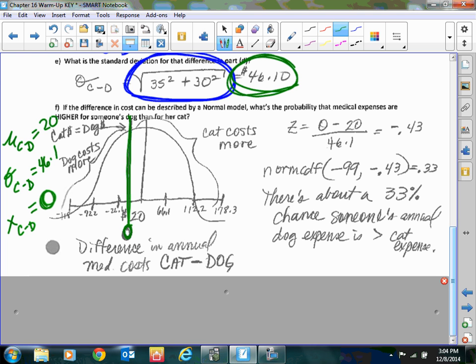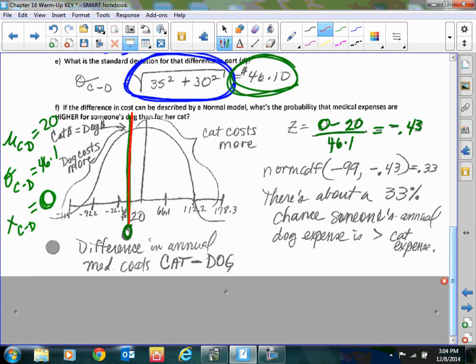And then I can split it up from there. So let's find that z-score of 0 minus the mean over the standard deviation is negative 0.43. So just a little below the mean. All right. So that's right here.